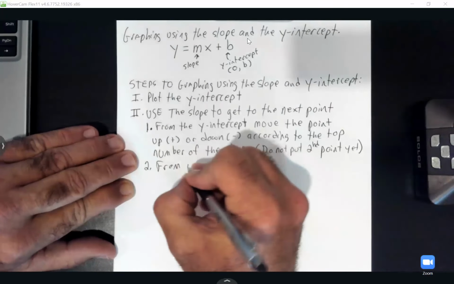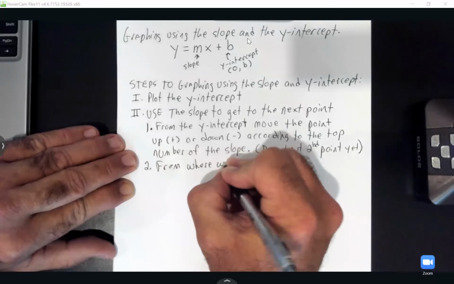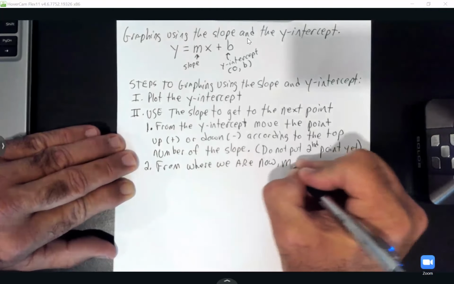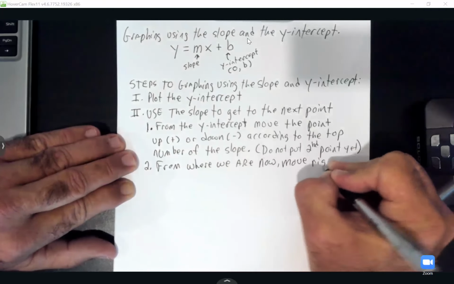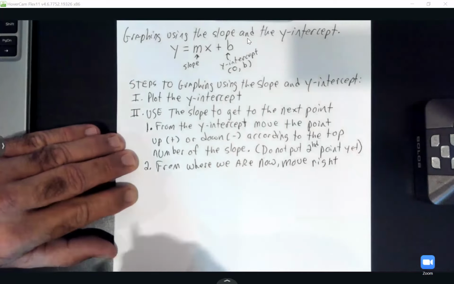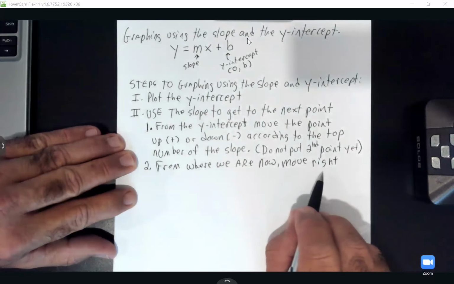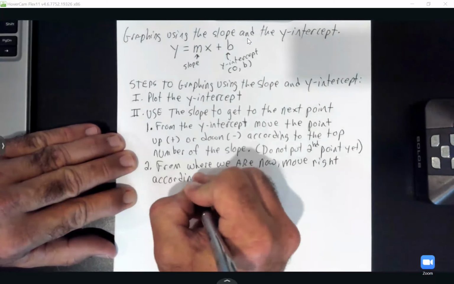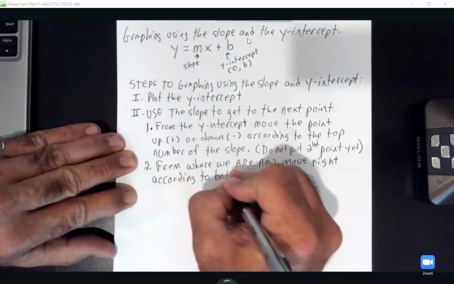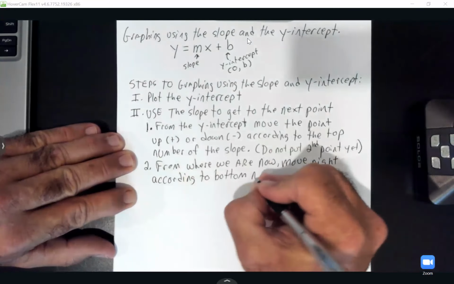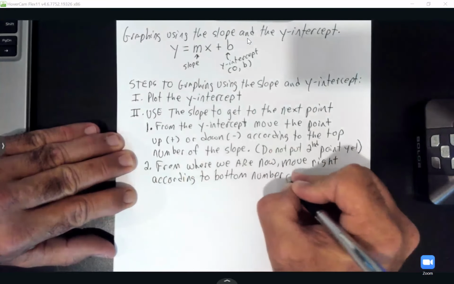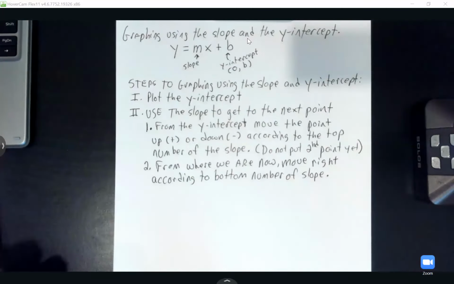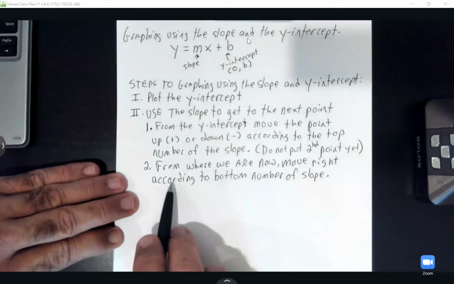So from where we are now, move right. And we're only going to move right on these. So move right according to the bottom number of the slope. All righty.